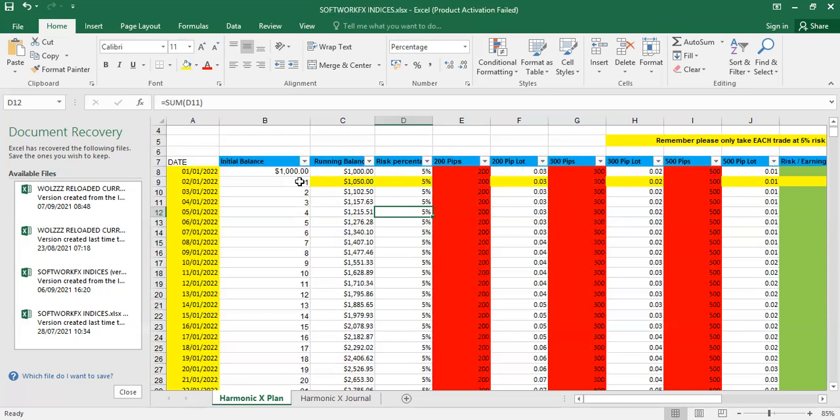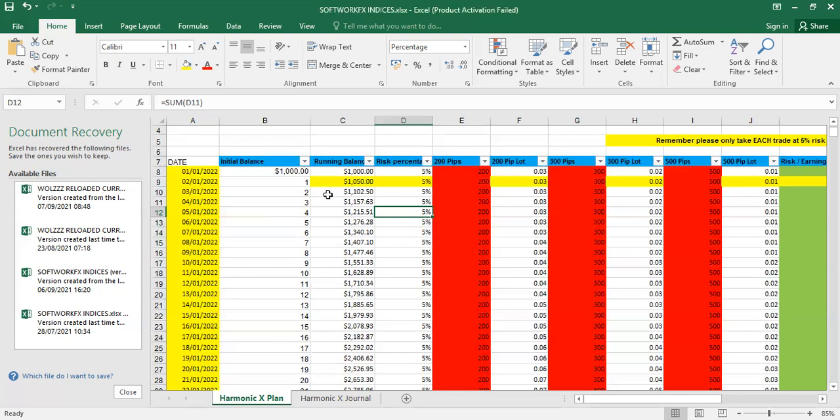So assuming this is day one, you are able to meet the 5% target for day one. Your balance will be $1,050. And remember, this is a compounding trading plan. So day two, you are looking for 5% of $1,050.